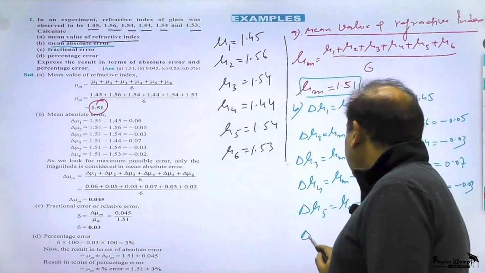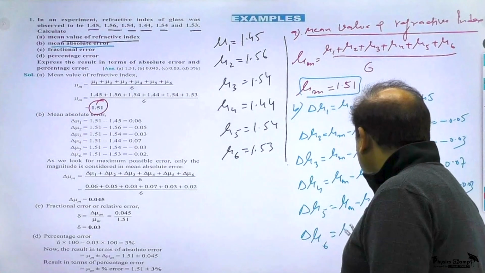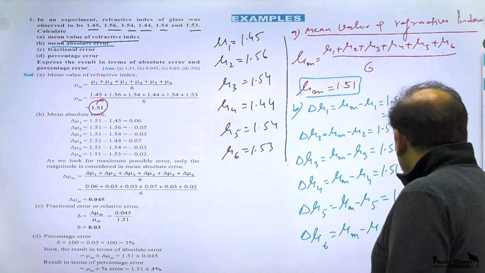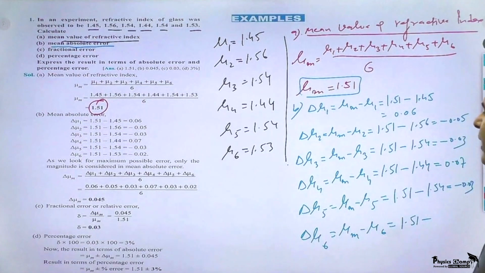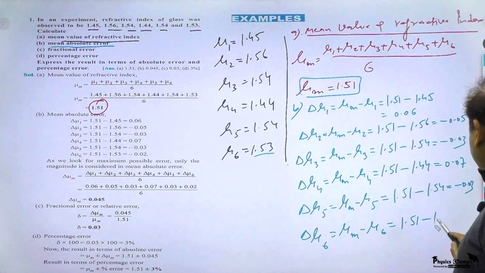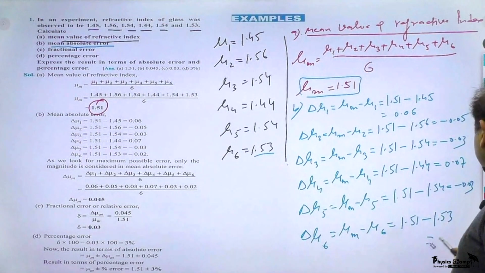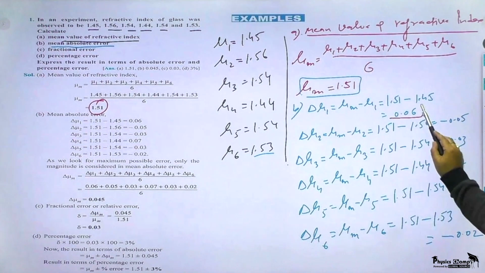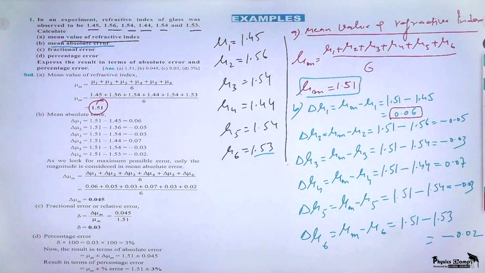And in the sixth reading, mu_m minus mu6 is 1.51 minus 1.53, which is minus 0.02. So we have here 6 different readings. This is a positive value, 0.06.